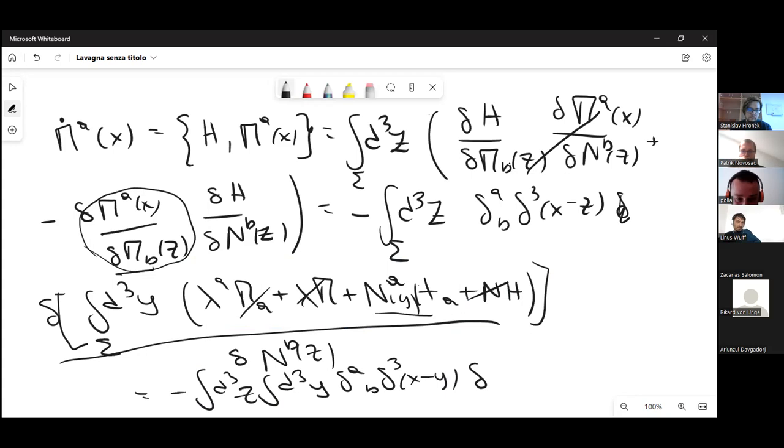Or maybe it's better to write it as N^C H_C. That's better. Delta^B_C delta(y minus z) again, and H_C(y).